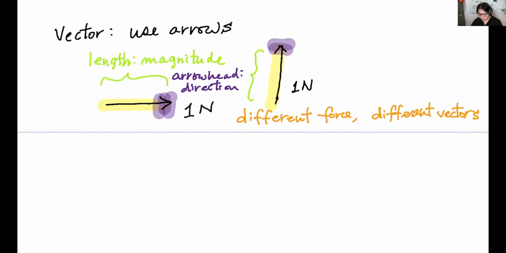But you can see that as long as the magnitude, which is the length of the arrow, and the direction, which is the arrowhead, are the same, that means it's the same vector. So to represent vectors graphically, you can parallel shift.